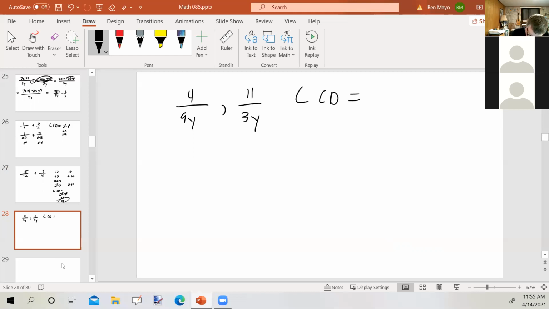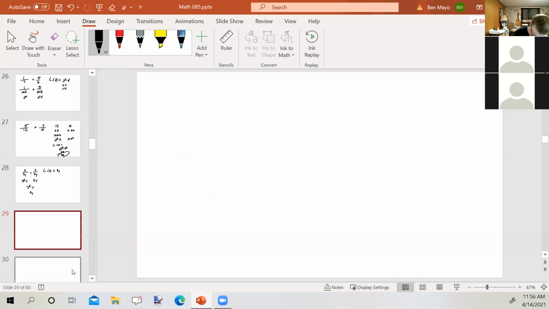Okay. Is it just 9y? It's just 9y, because this would be 3 squared times y, and this would be 3 times y. You want the product of the highest power of each. So it's just 9y. 9y goes into itself quite nicely, and 3y also goes into 9y. Okay. So far, so good.